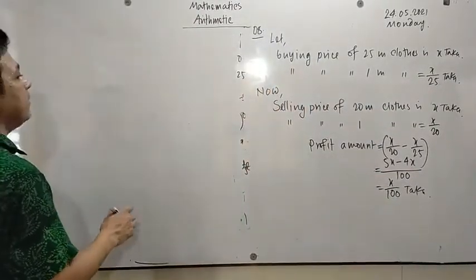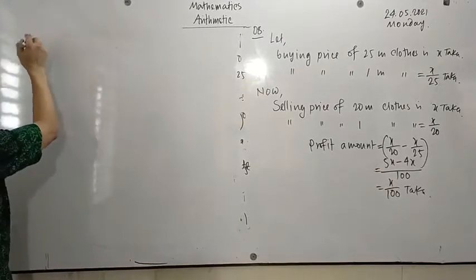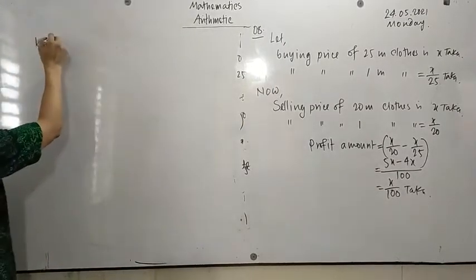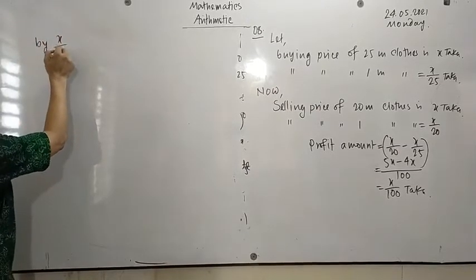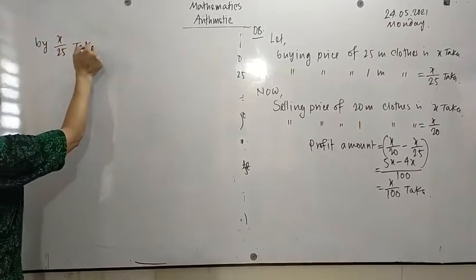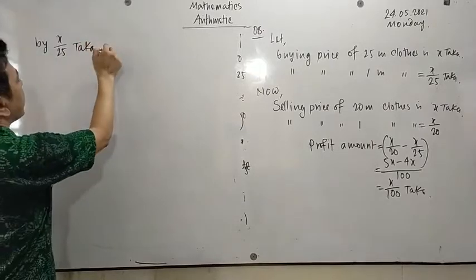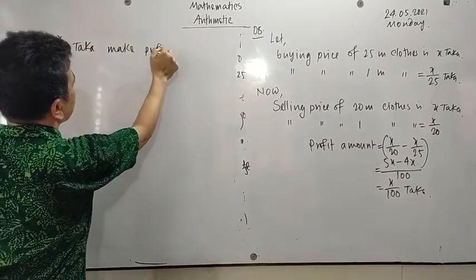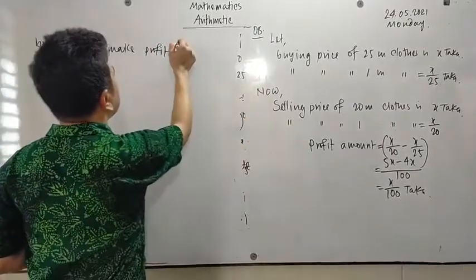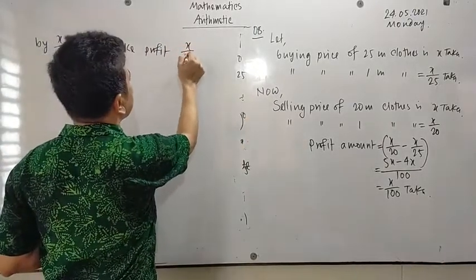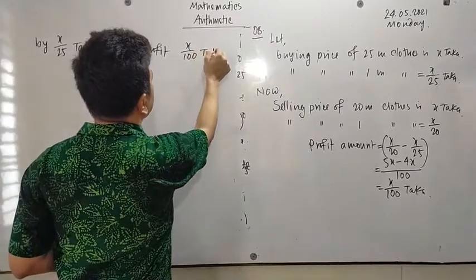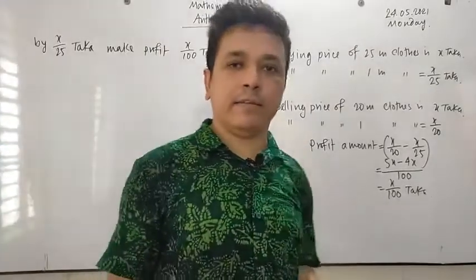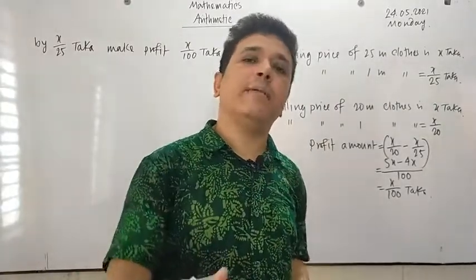So now we can write: on X divided by 25 taka, the profit is X divided by 100 taka. Profit is always made on the buying price, loss is always made on the buying price.